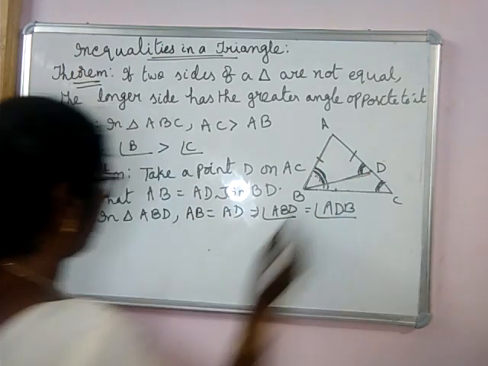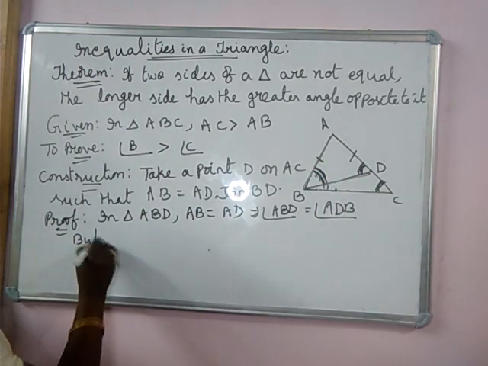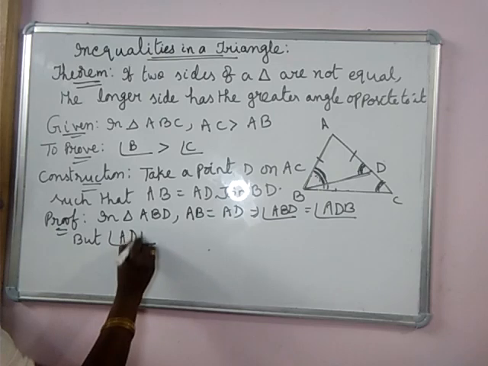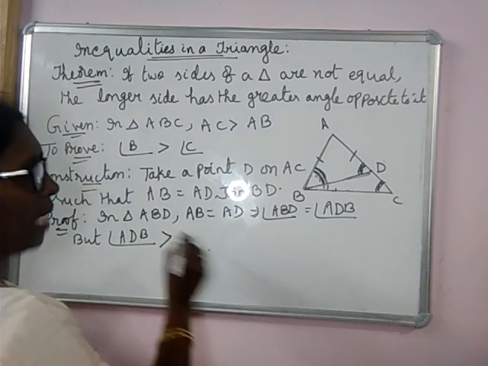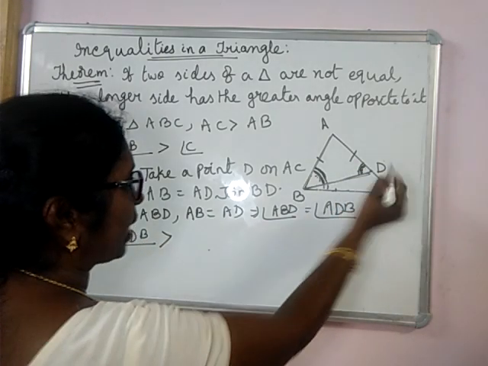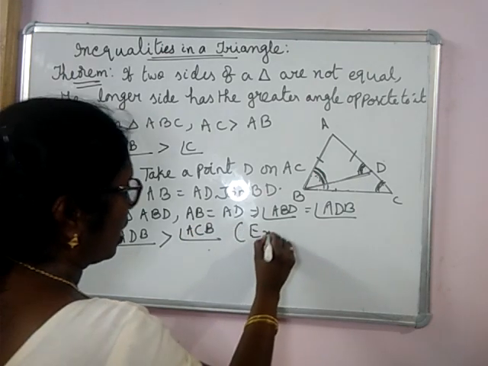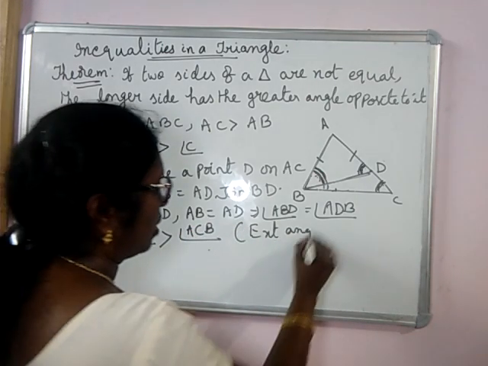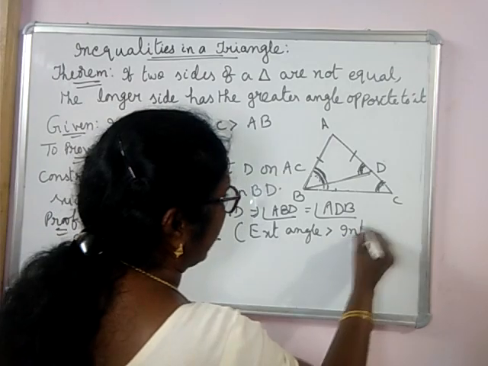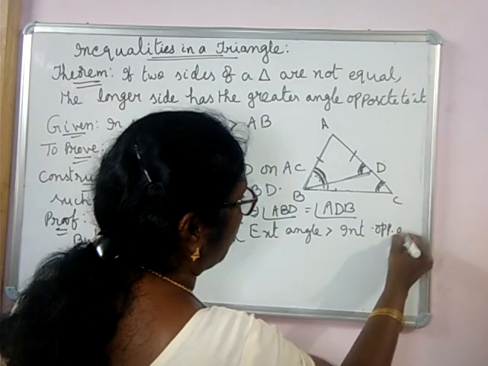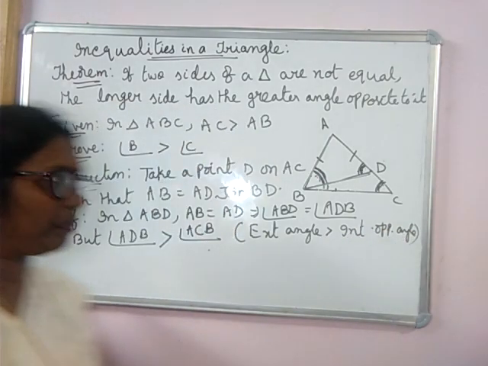These two are equal. But angle ADB is greater than angle ACB, because exterior angle is greater than its interior opposite angle.